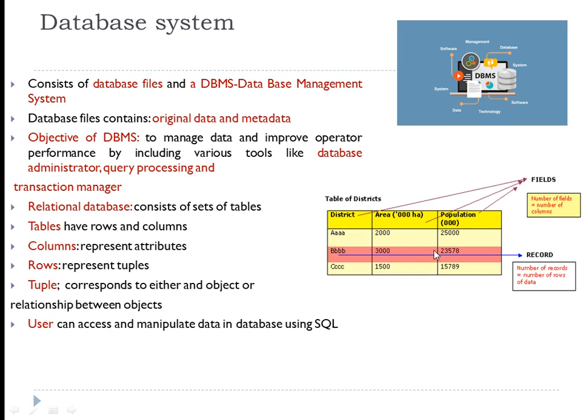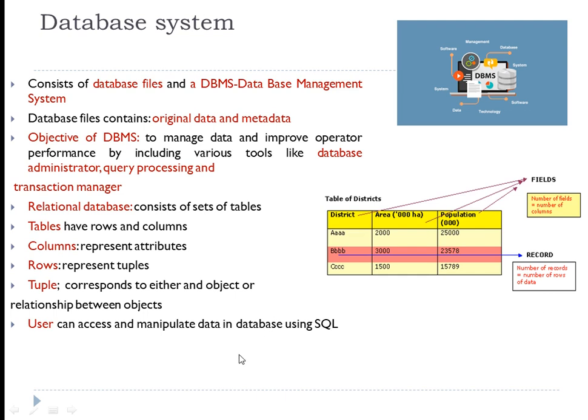Basically the database here will be a table or a set of tables, and a table will have rows and columns. The columns will represent the attributes and the rows will represent the tuples. Each row is actually called a record, so the number of records will be equal to the number of rows.